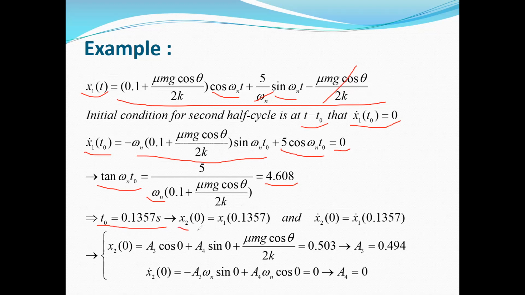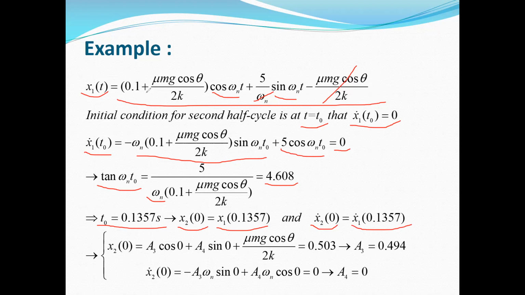So for x2, if we assume a new origin for time, this is t prime, and in fact t prime is equal to 0 because this is a new origin for time. x20 is equal to x1 at t naught, and the velocity for x2 at 0 is the velocity for x1 at t naught. So we can substitute and obtain the initial conditions.